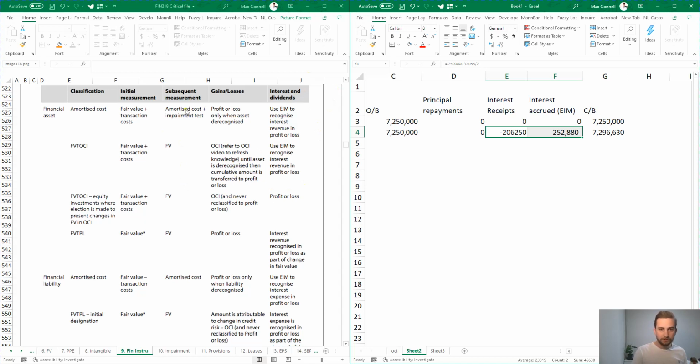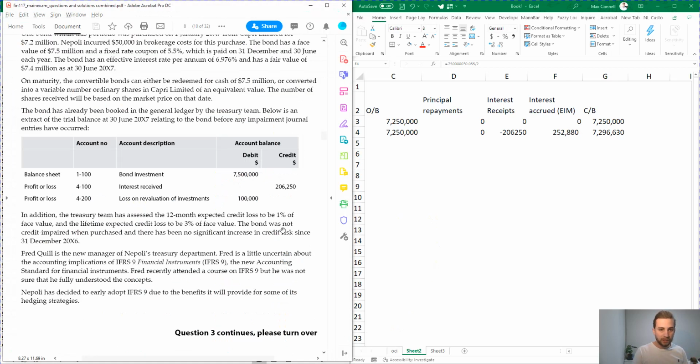What we haven't ticked off so far is the subsequent measurement and the gains and losses. The subsequent measurement is going to be at fair value, and the gains and losses is going to be the difference between what we've got here as the closing balance and what we're remeasuring it to fair value. So we can get the fair value from the question.